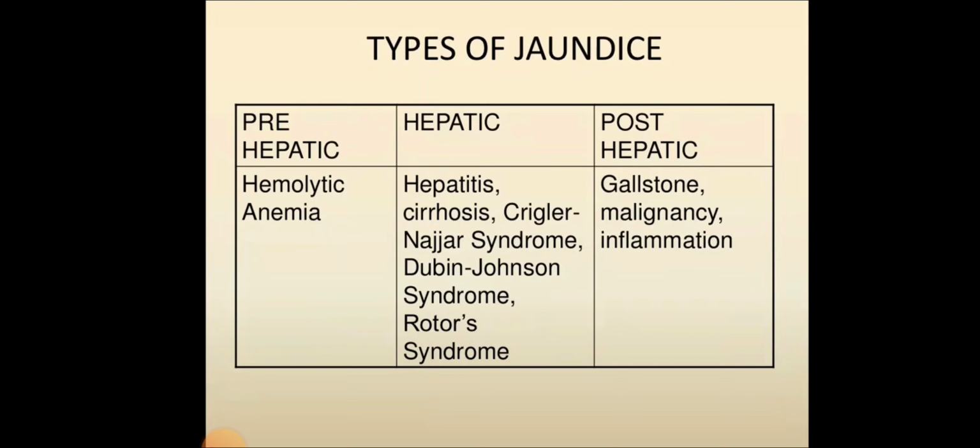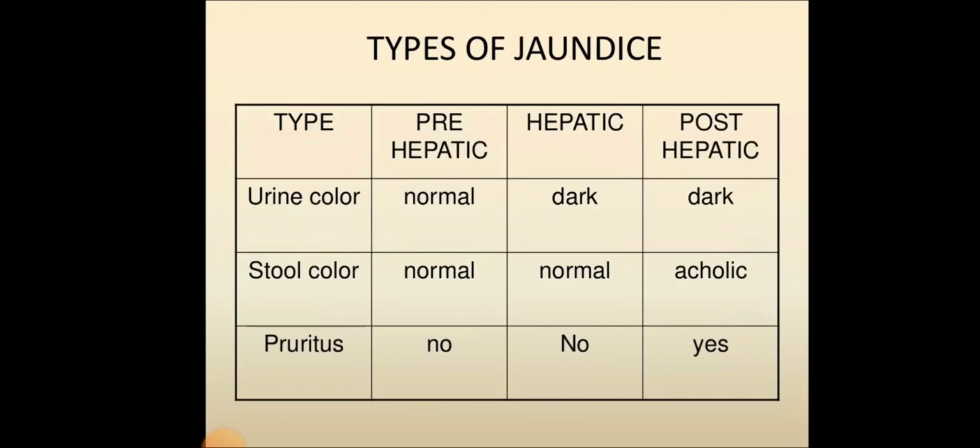In serum, you can see the unconjugated bilirubin will be there in prehepatic, in hepatic both unconjugated and conjugated bilirubin, and in post-hepatic the conjugated bilirubin will be more.